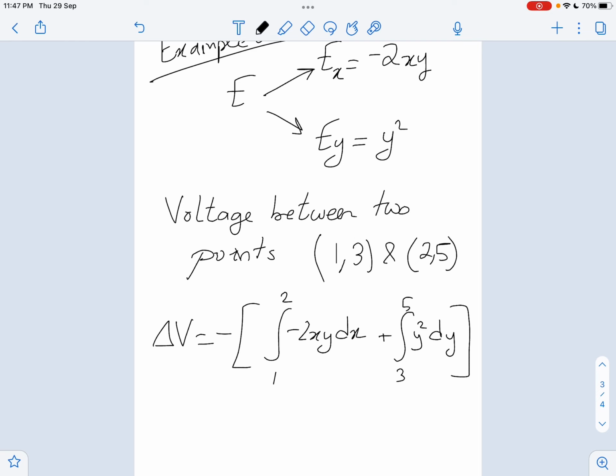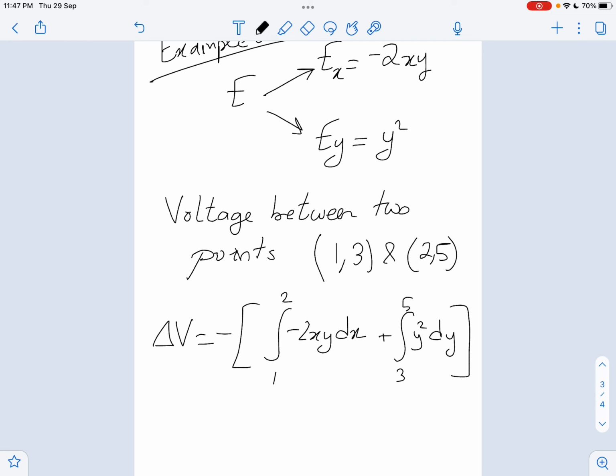So delta V becomes minus the integral of 2xy dx, which is going to be 2x squared over 2. So it's minus x squared y for sure. I have the y here. So minus y x squared, and this x is from 1 to 2.